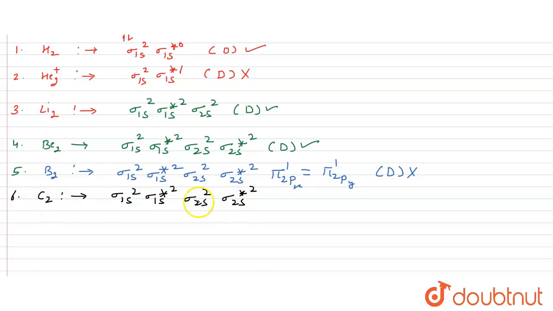So till here we have 8 electrons, and after this we have the pi orbitals, pi px and pi py, because they have the same energy. We have 1 and 1, so that becomes 10 electrons. After this I can write 2 here and 2 here, so now it becomes a total of 12 electrons, and you can see all these electrons are paired. So I can say this is also diamagnetic, right?